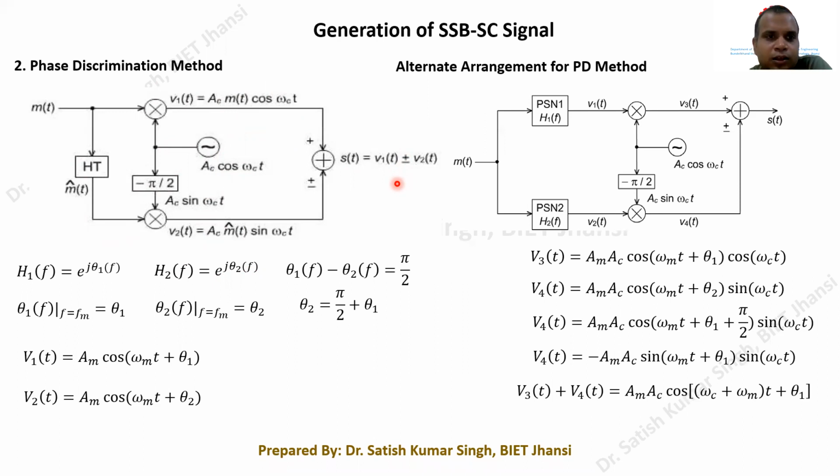Now today, I'm modifying this scheme a little bit. The modification is only regarding the message signals. I will be taking this block diagram as it is, whatever we have taken in the case of generation of the SSB-SC signal.